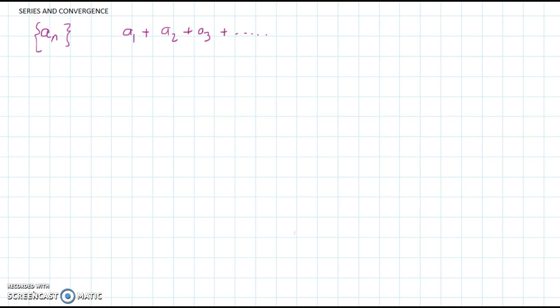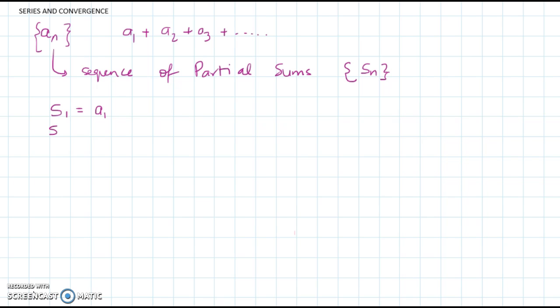So we're going to define a new sequence associated to this one that is called the sequence of partial sums. Given one sequence an we start with, we define a new sequence Sn of partial sums in the following way. We just sum the first term, a1, so that will be the first term of our new sequence.